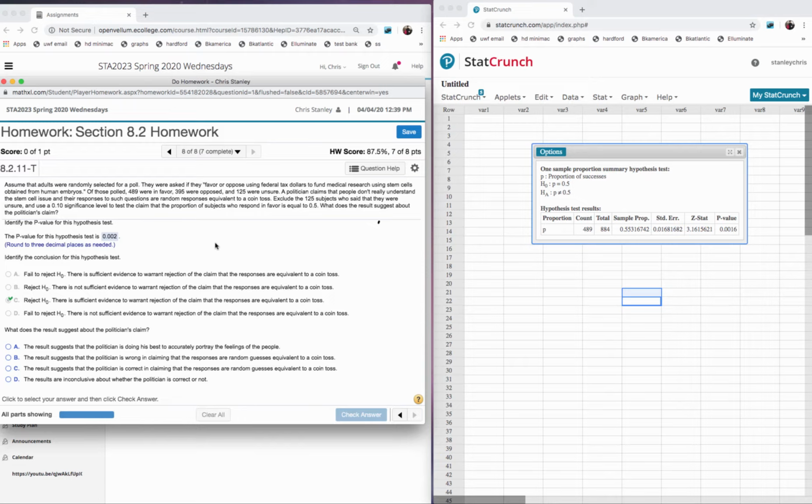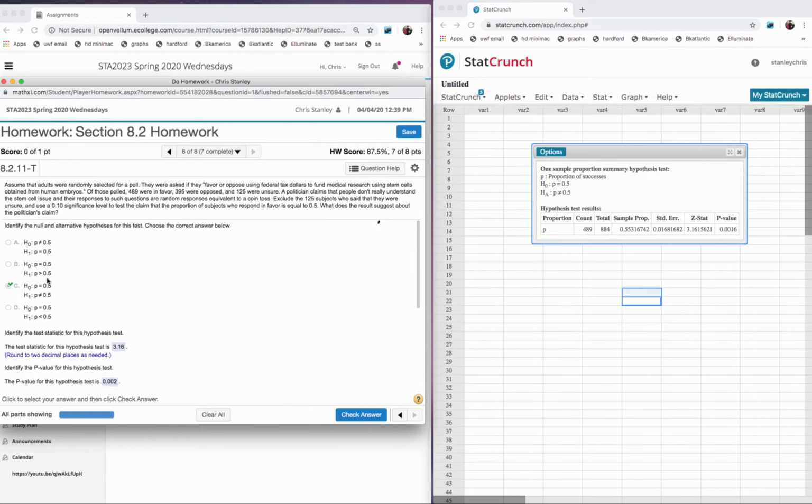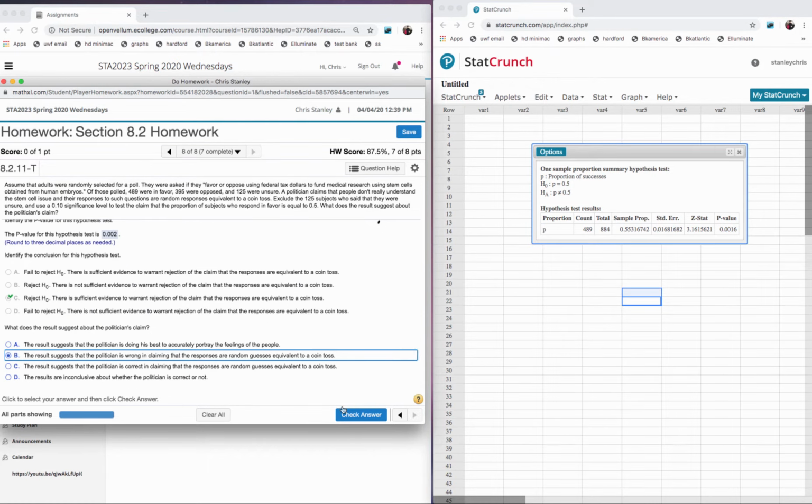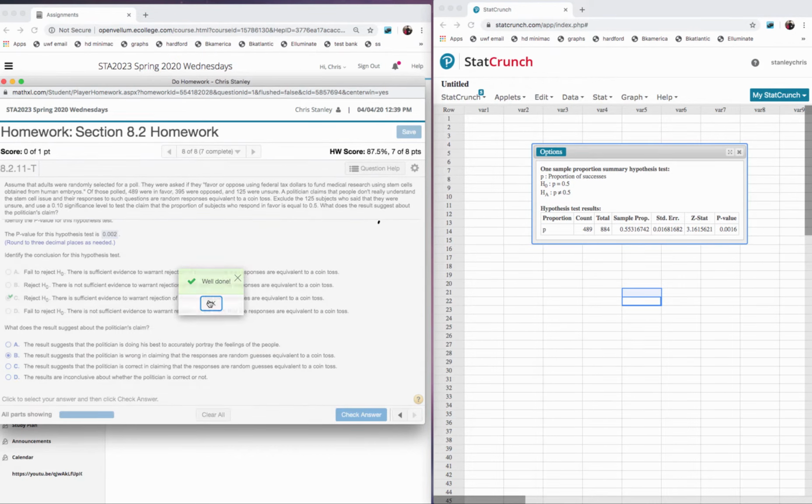So we rejected that it was 50%. So they're wrong to claim that they were equivalent to a coin toss. Let me go back and show you that again. So they think it's equivalent to a coin toss, which would be 50%. Okay, so we just rejected the 50%, so they're wrong to think that it's equivalent to a coin toss.